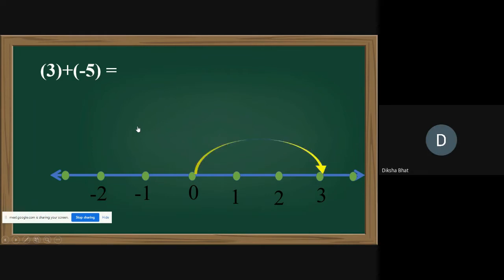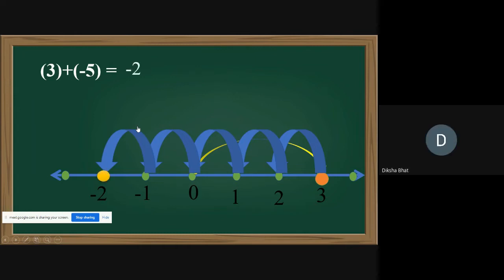Yes. So first we will move to the right of 0 since it is a positive integer. Then which is the negative integer? -5. Yes. So on which side will we move now? Left. How many steps will we move? 5. Yes. 1, 2, 3, 4, 5. So what is the sum of 3 plus negative 5? Negative 2. Yes, correct.